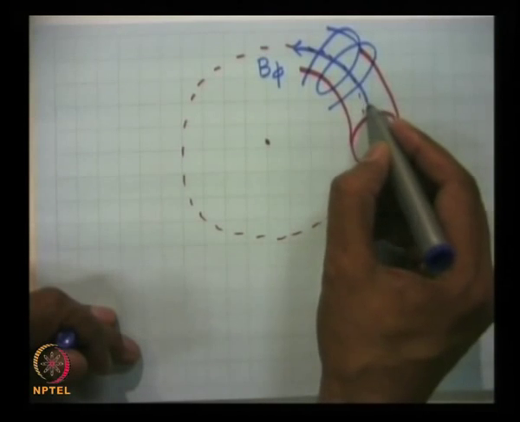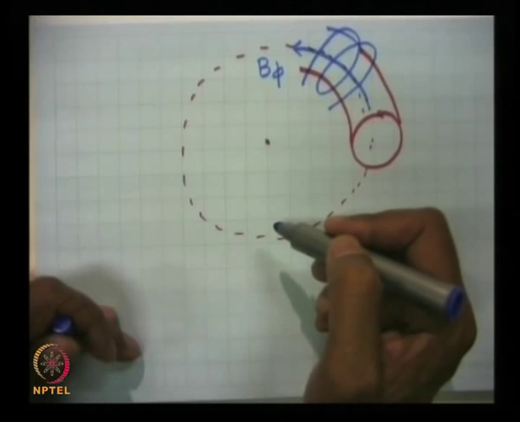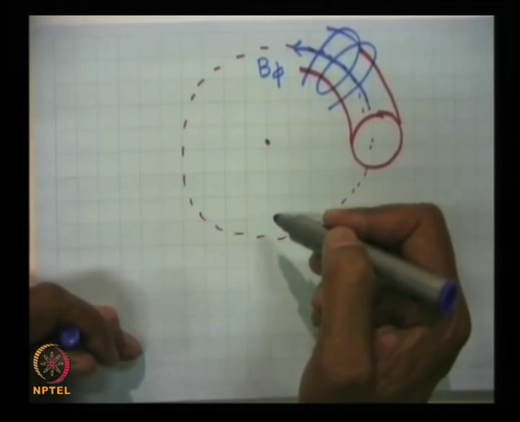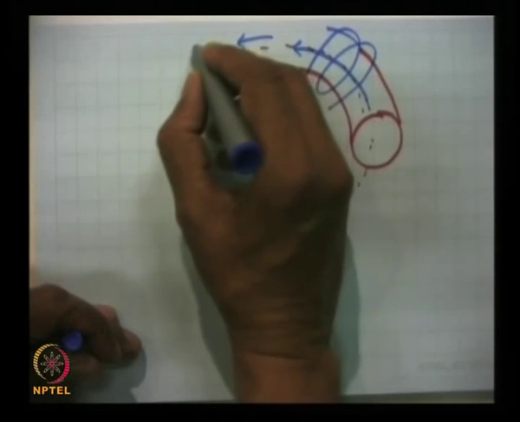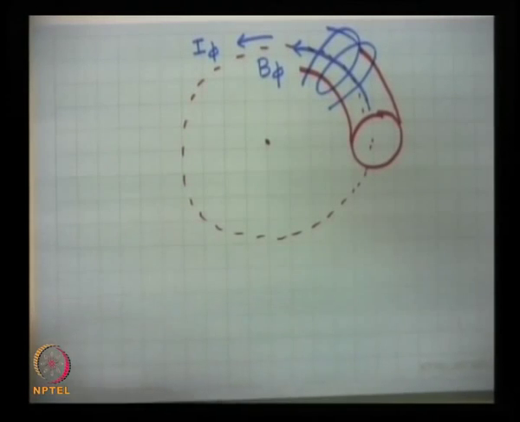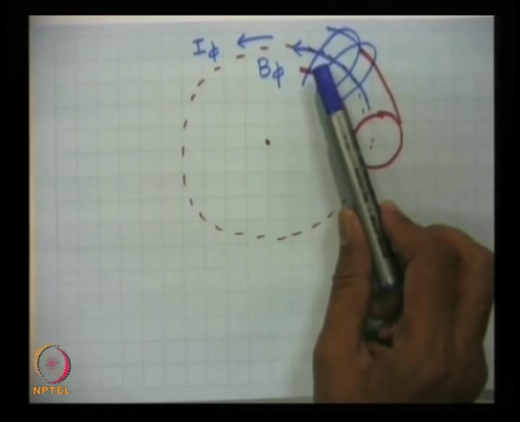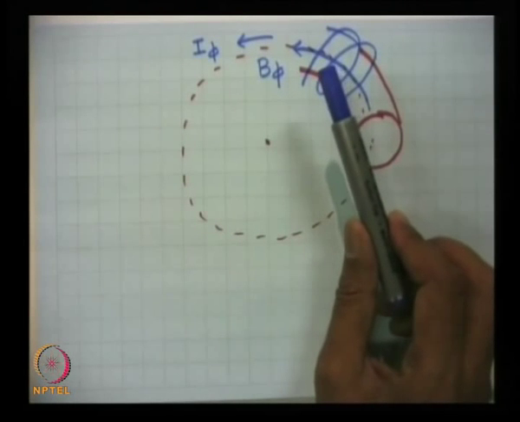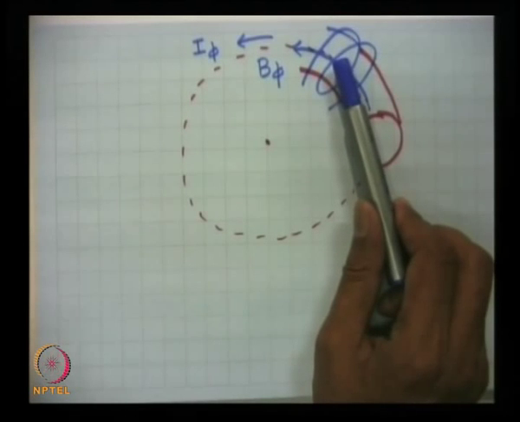So, if you can treat this entire torus as a secondary of a transformer, it should be possible to induce a current also. So, current you can create here in the same direction, and let me call it I phi, plasma current, that can produce a suitable magnetic field that can neutralize the drifts caused by grad B drift and centrifugal force or curvature drift.